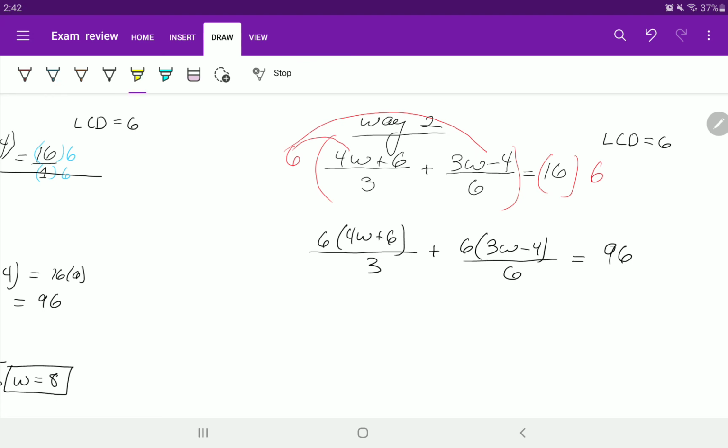We can now divide, because 6 divided by 3 is 2. So we have 2 times (4w plus 6). The 6's here simplify each other out, so we're left with just 3w minus 4 equals 96.